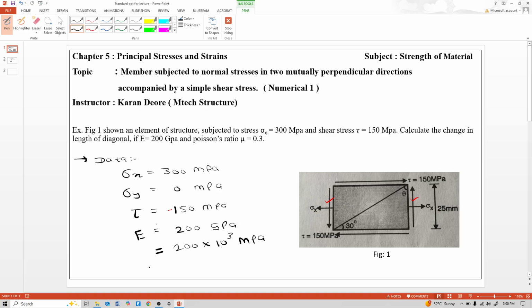In the numerical, they have also given us mu. Mu is Poisson's ratio. See the definition of Poisson's ratio. When a homogeneous material is loaded within its elastic limit, the ratio of the lateral strain to the linear strain is constant and is known as Poisson's ratio. Poisson's ratio is denoted as mu.